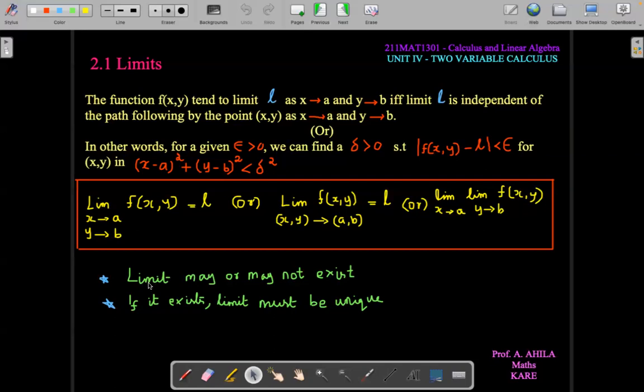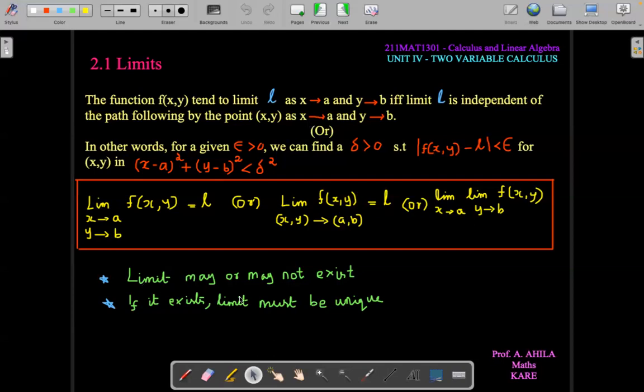So when we say a limit exists or not, there are conditions. That is, the function takes the value L independent of the paths from x comma y to a comma b and y comma x to b comma a. So there we consider two paths. For one variable, we consider left limit and right limit. Here, the paths are considered.